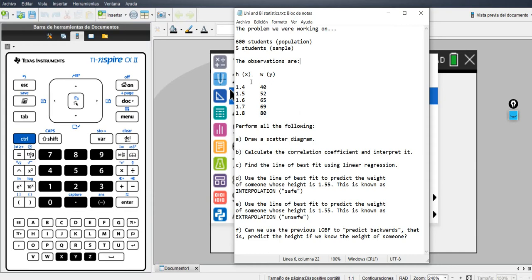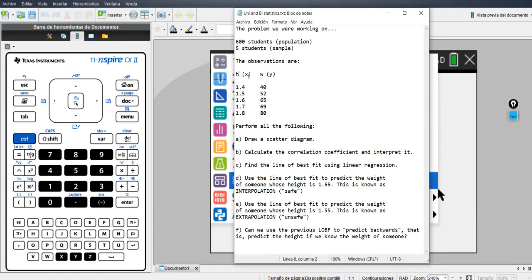Okay, and why am I putting here x and y? That's because, guys, your calculator mostly works with the notion that x is the independent variable and y is the dependent variable. In this case, if you remember, I put h, the height, in the horizontal axis, right, and weight in the vertical axis, and it's tradition to understand the horizontal axis as the independent variable and the vertical axis as the dependent.